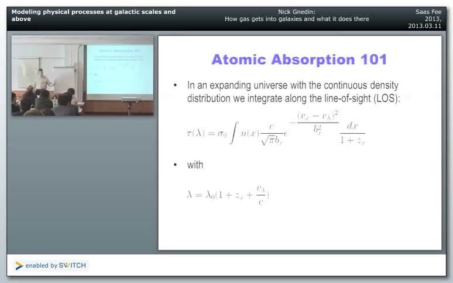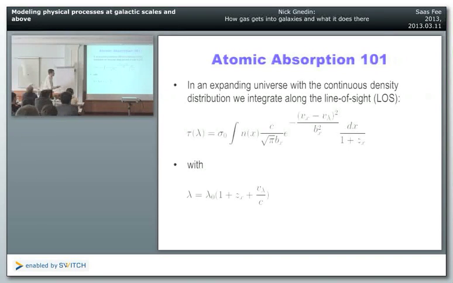So we now go back to the IGM and to the expanding universe. We have to do something slightly more sophisticated, because we actually don't have separate clouds of hydrogen sitting in the vacuum, right? We have the distribution of gas everywhere. So we have to integrate over the whole line of sight. So x is a coordinate along the line of sight to the quasar.